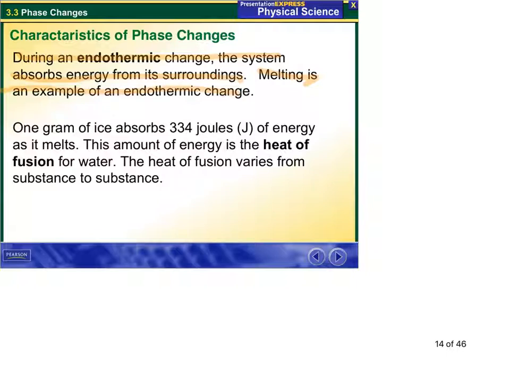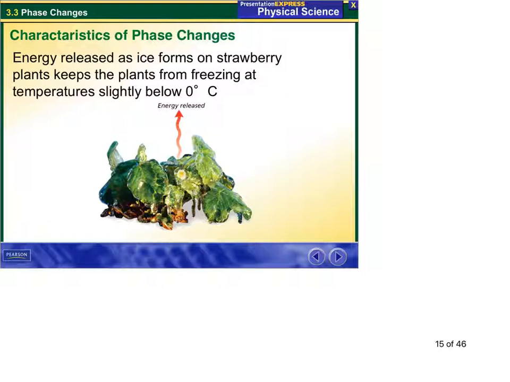Melting, endothermic change. And then as it's melting, it adds energy. And in this case, for 1 gram of ice, 334 joules of energy, and this is called the heat of fusion for water. It's going to vary from substance to substance.